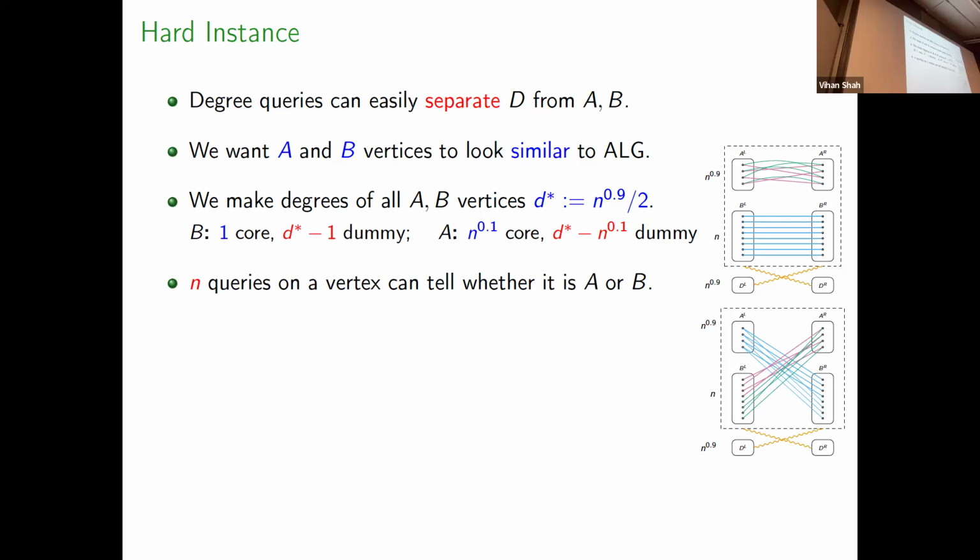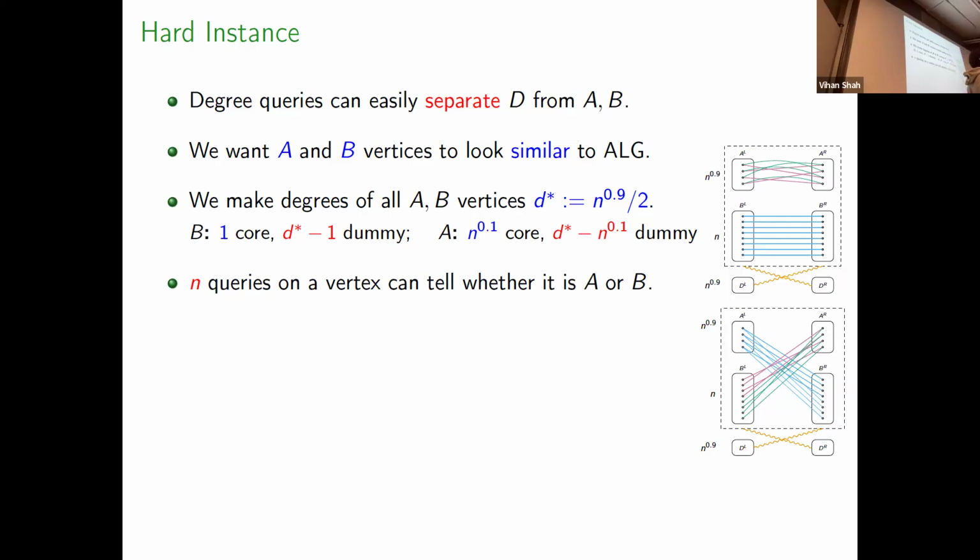Because in the bottom graph there are no edges that cross. Is D connected to everyone on the left, including here and here? Yes, that is fine. Sorry. Good.